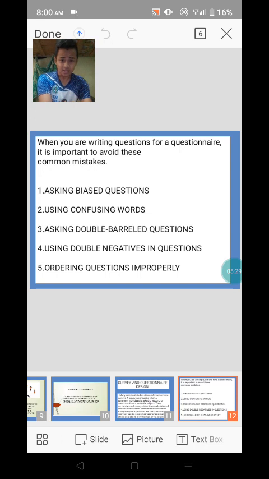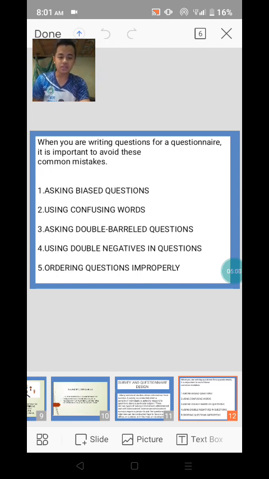Asking biased questions means that by asking questions in a certain way, the researcher can lead the respondents to answer in the way he or she wants them to. For example, asking a question such as, "Are you going to vote for candidate Jones even though the latest survey indicates that he will lose the election?" instead of, "Are you going to vote for candidate Jones?" may dissuade some people from answering in the affirmative.